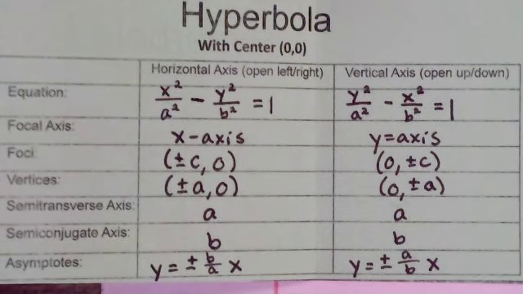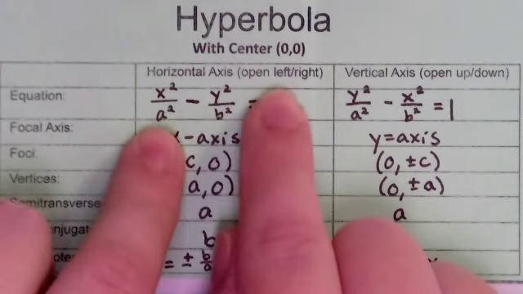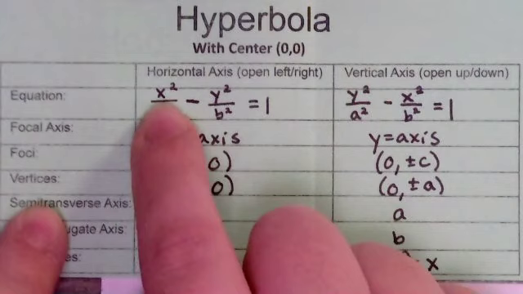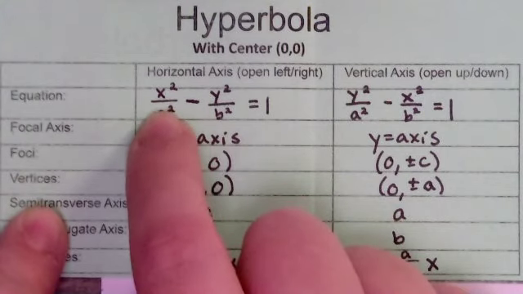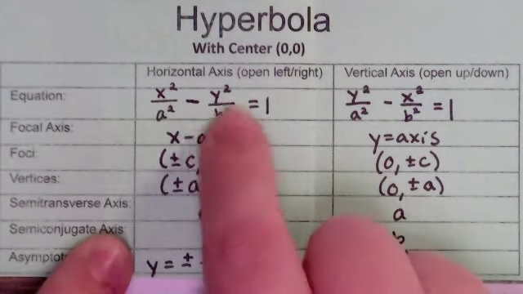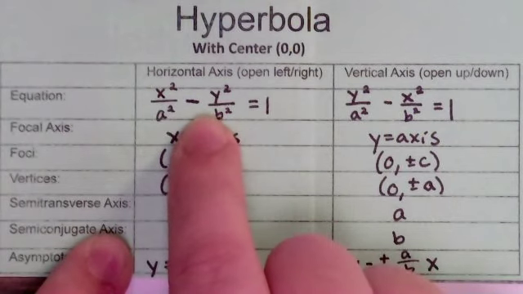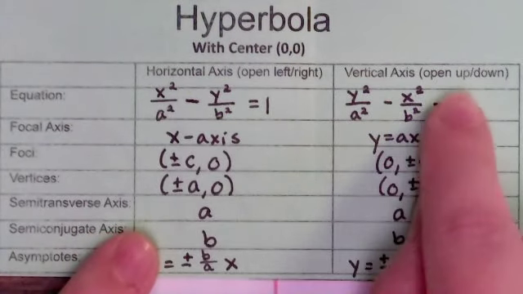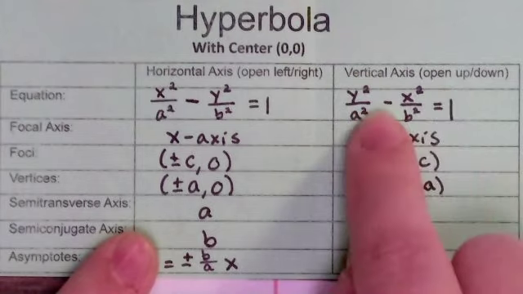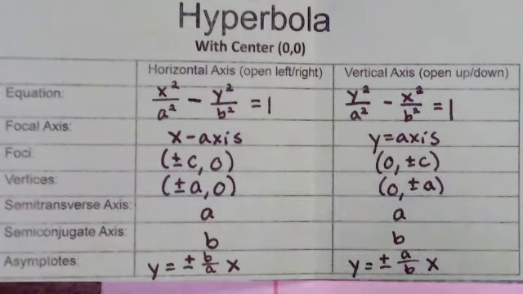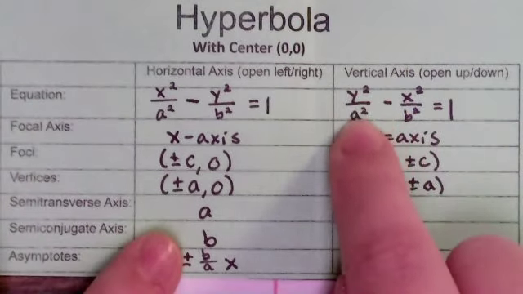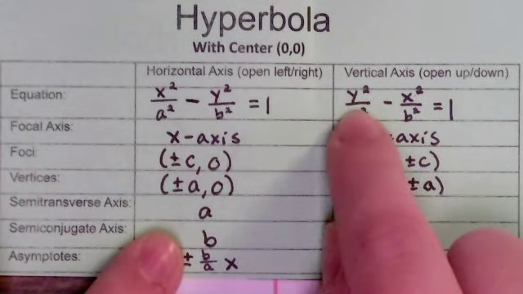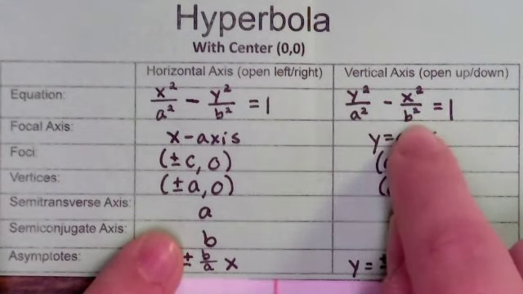What's being subtracted or what's positive. So when we see that this is going to open left or right, the x squared fraction is going to be positive, while the y squared fraction is going to be negative. And if we see that it's going to open up or down, then you'll see the y squared first, so that it's positive, and we're subtracting the x squared.